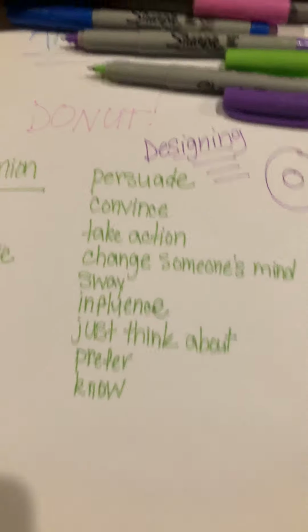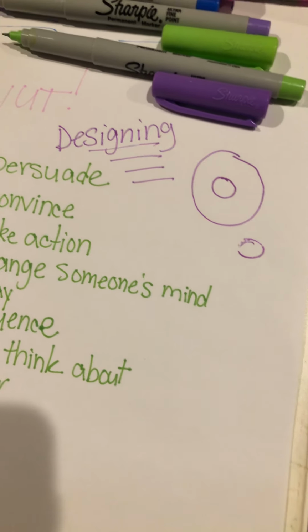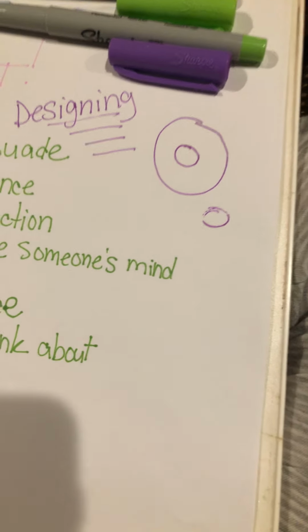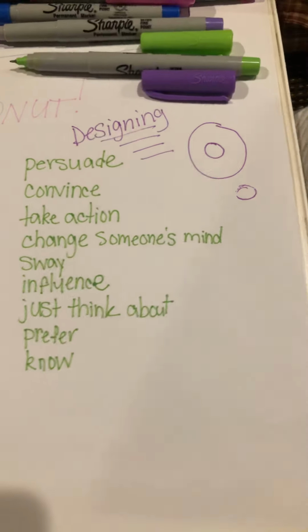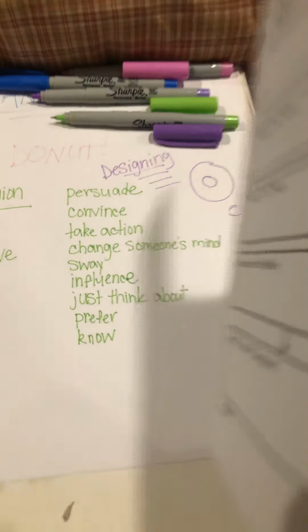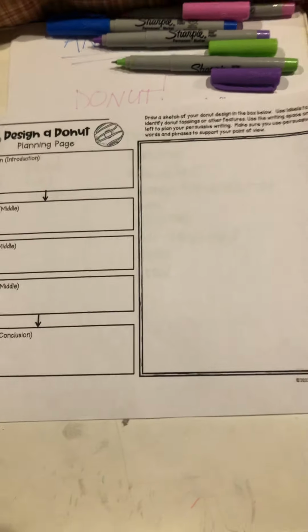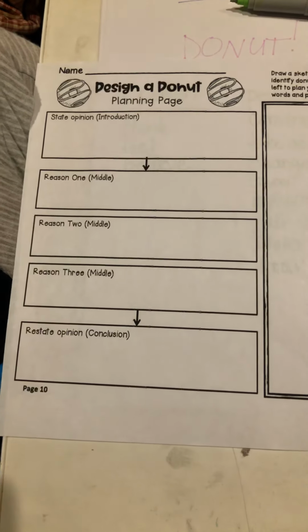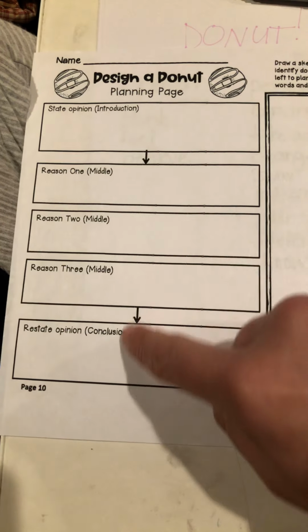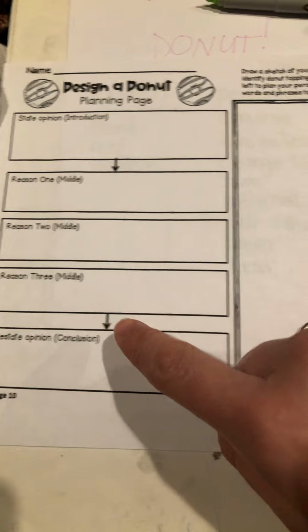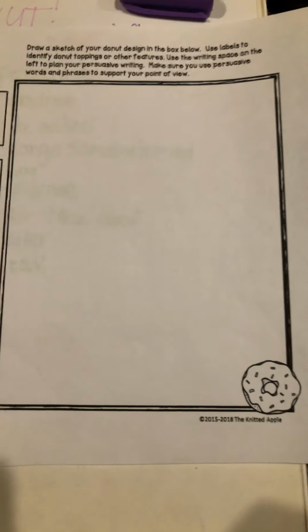So then after you've made this anchor chart or this brainstorming chart, you have, or mom and dad, I emailed mom and dad, so they have this. You have what's called a planning page, and there's two parts to it. The left side is the writing part. You're not doing that today, okay? You're going to focus on the right side.